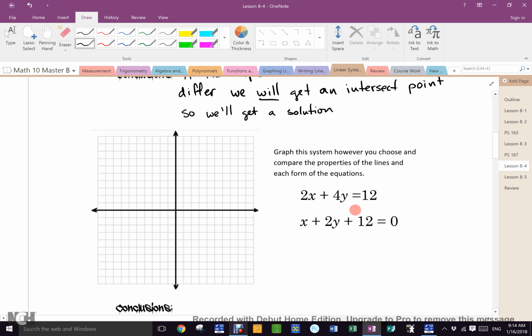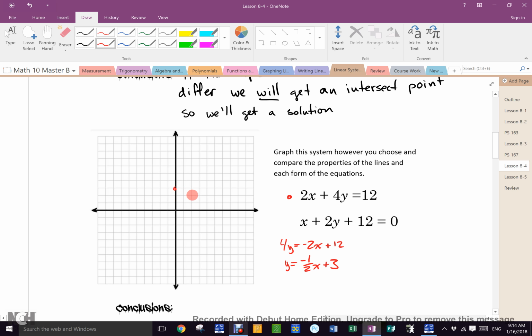Here's another two equations. What would happen if I wanted to graph them? Well, I'm going to graph the first one in red. 4y equals negative 2x plus 12. Y equals negative 1/2 x plus 3. Everyone agree? Put it on the graph. 1, 2, 3.